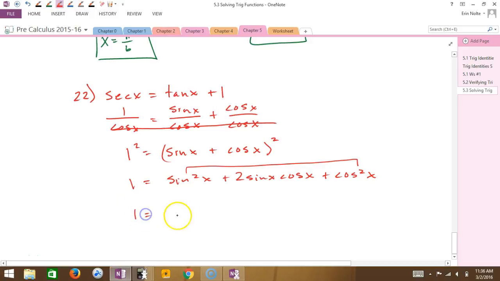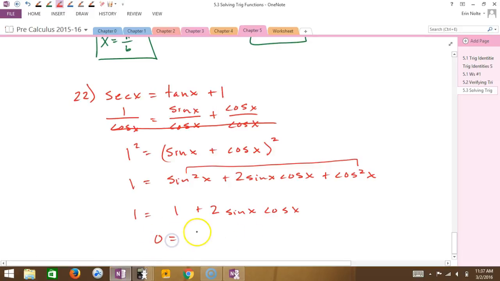Watch what happens here. Sine squared plus cosine squared is the Pythagorean identity, it's equal to 1. Yep, which is exactly what I have. They're just not next to each other. Now if I subtract 1, I'm set equal to 0.